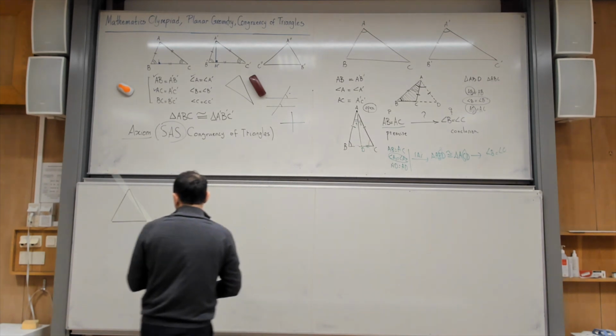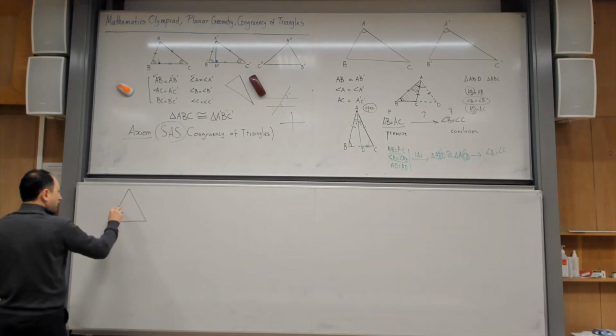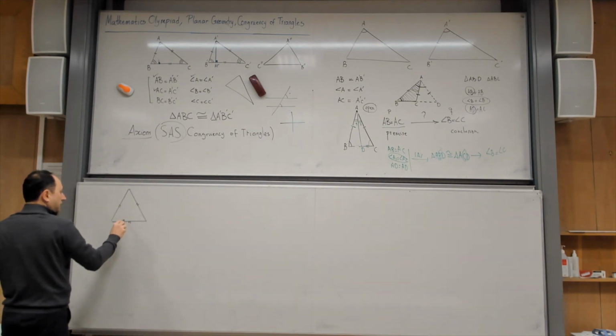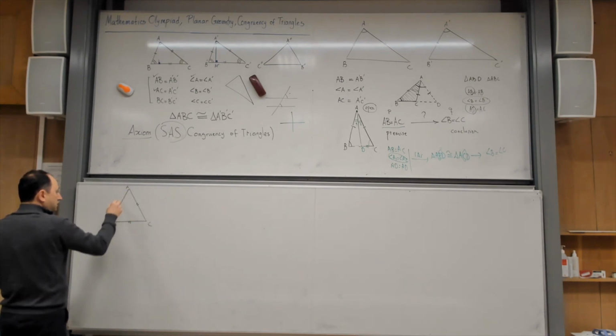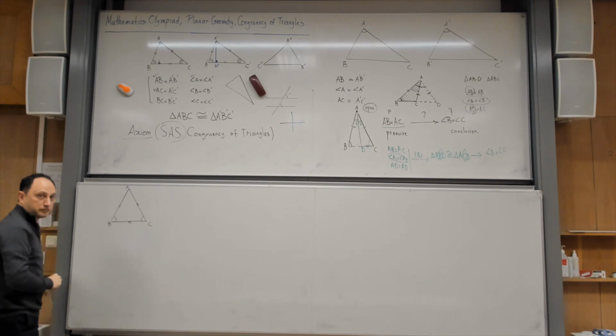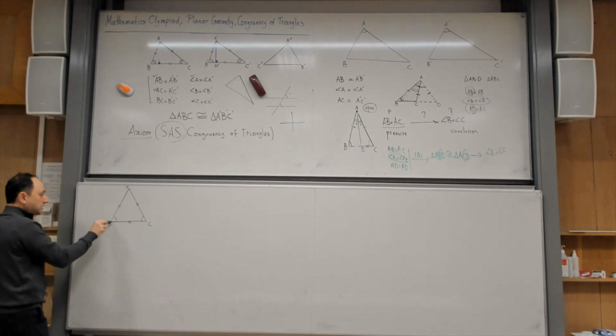Now, if I have an equilateral triangle, it means that all sides are equal. So if I call them ABC, because AB is equal to AC, I can use that theorem to say that angle B and angle C are the same. Now let us give the role of the apex to this one.